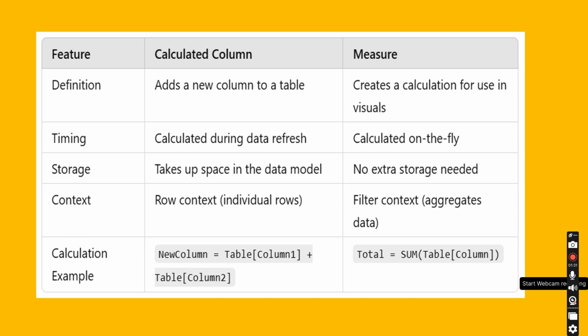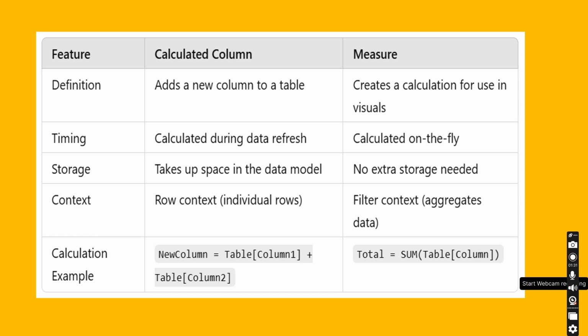A calculated column works in row context. In another way, a measure works in filter context, so it's evaluated based on the applied filters. A calculated column is calculated once and stored in a table. A measure, on the other side, is calculated dynamically every time based on user interaction.